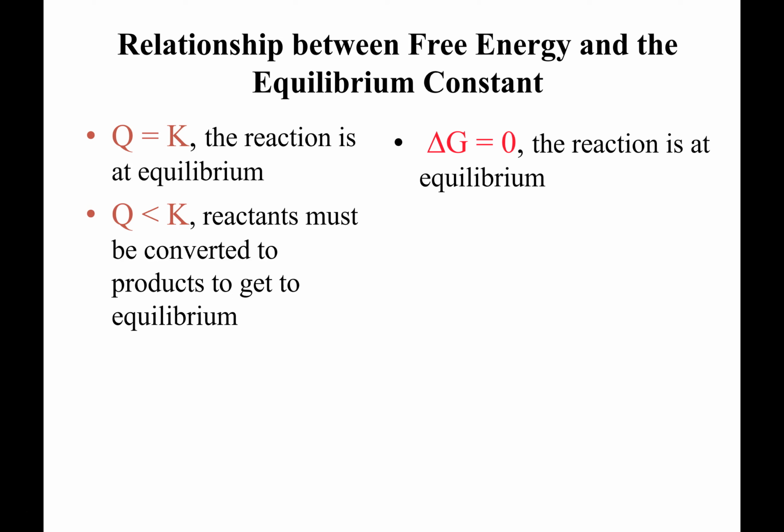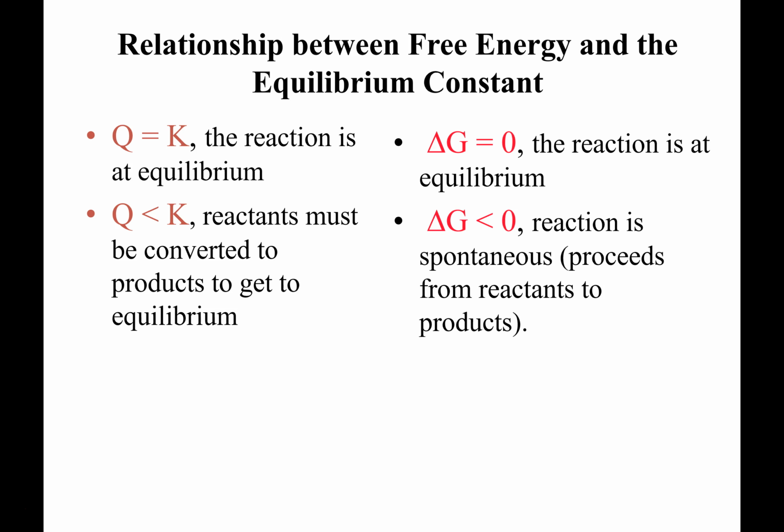So we said if your Q is too small, you don't have enough products, and it's going to have to form products, so it's going to go from left to right. It's what we call spontaneous, okay? And you just told me a minute ago that if Gibbs free energy is negative, it's spontaneous.